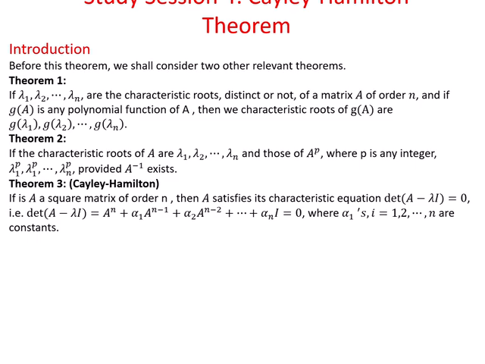And when we go further, we prove the theorem. Then the second theorem: if the characteristic roots of A are lambda 1, lambda 2 up to lambda n, then those of A raised to the power of B, where B is any integer, are lambda 1 raised to the power of B, lambda 2 raised to the power of B, up to lambda n raised to the power of B, provided the inverse of A exists.